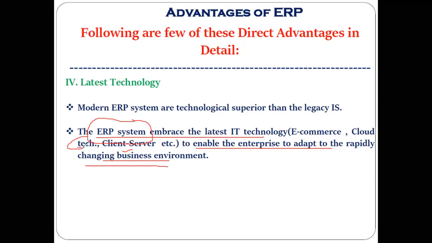Okay, and that is the reason these new business challenges or the changing business environment can be easily handled, and different businesses can easily work with this changing business environment. Why is this so? This is because of the ERP system and its power to work with the latest technology. So this is our fourth direct advantage.